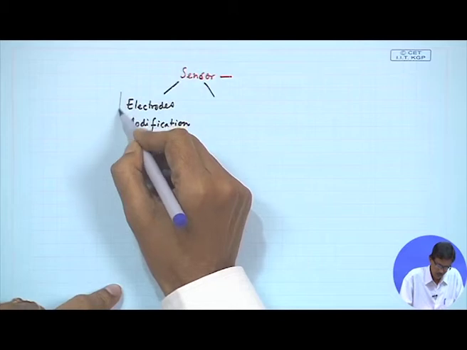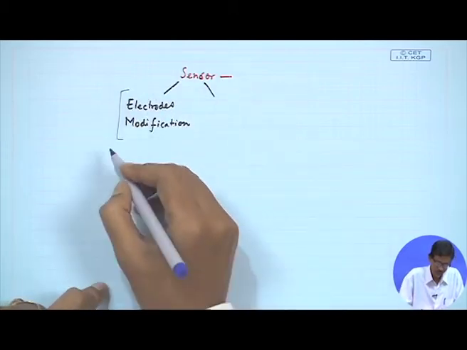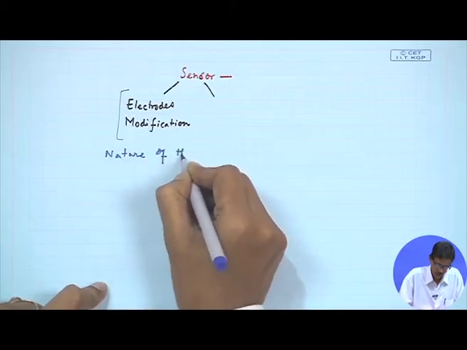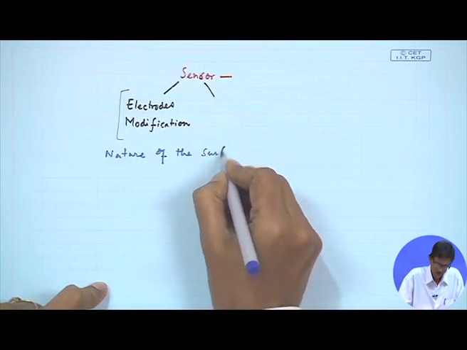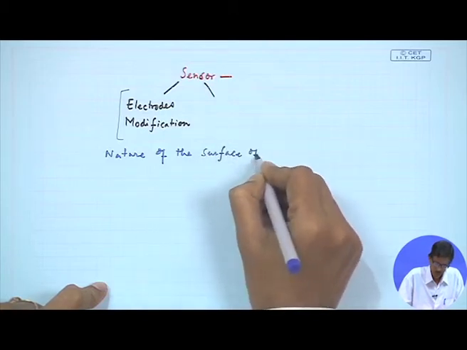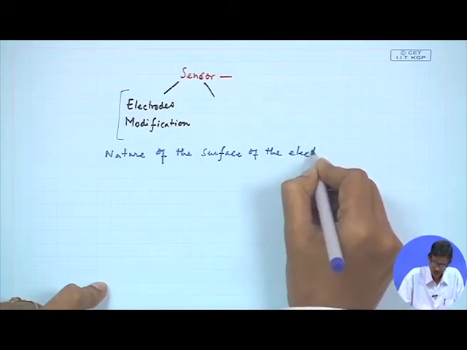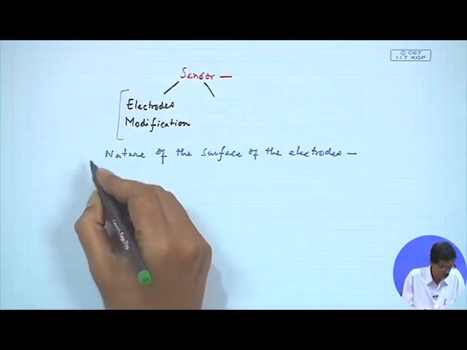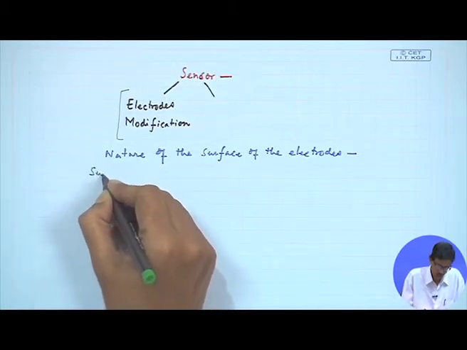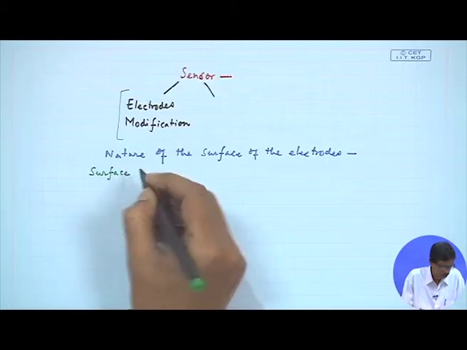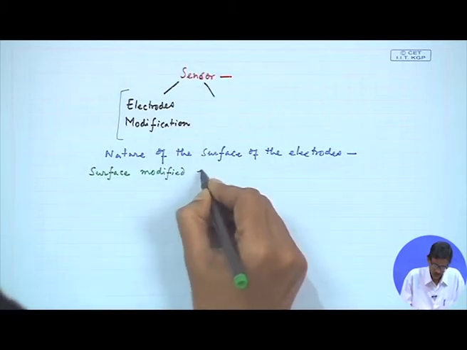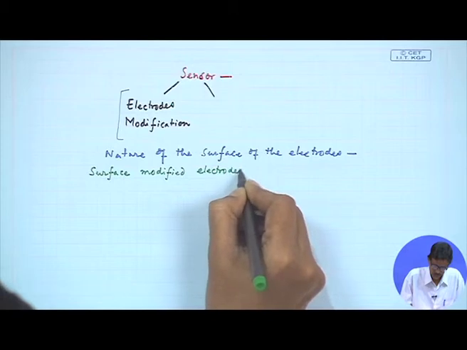So, once we change the surface, or the nature of the surface of the electrodes, we get what is a very common terminology, surface modified electrodes.